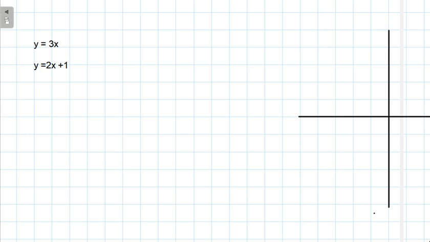For the last example, y equals 3x and y equals 2x plus 1. So let's take points here. For y equals 3x, when x equals 0, then y equals 0, so I have a point 0, 0.